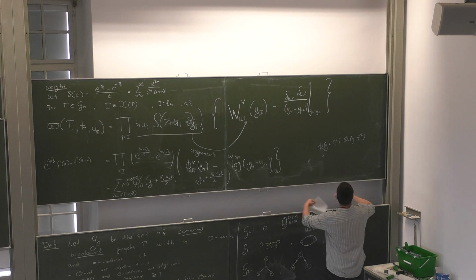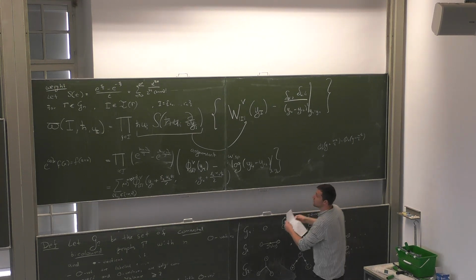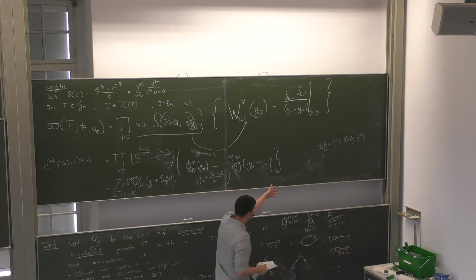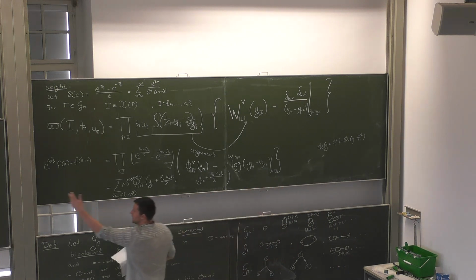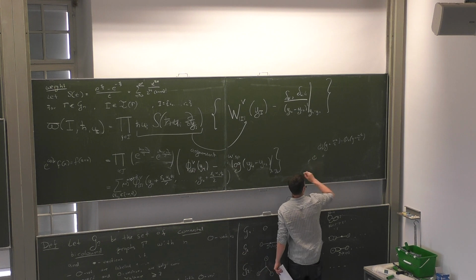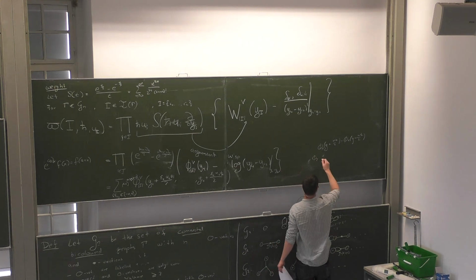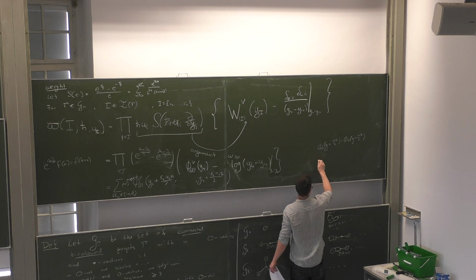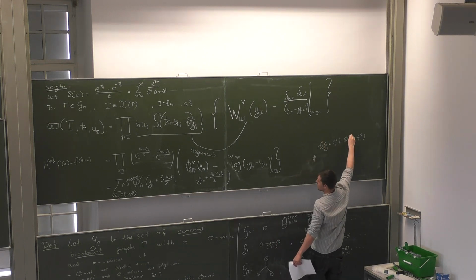If you think of this as a formal expansion in h bar, the first term is the derivative which comes out, and which is again these omegas. And the second example, if I has 2 elements, we have y_1 plus. So essentially what we find is this check function here.